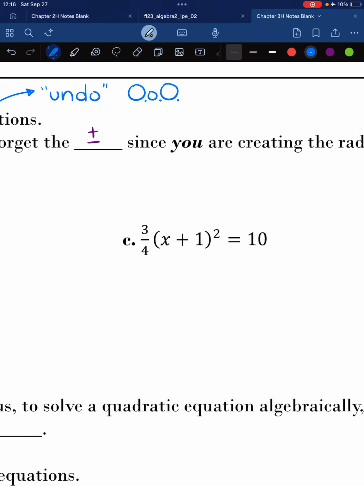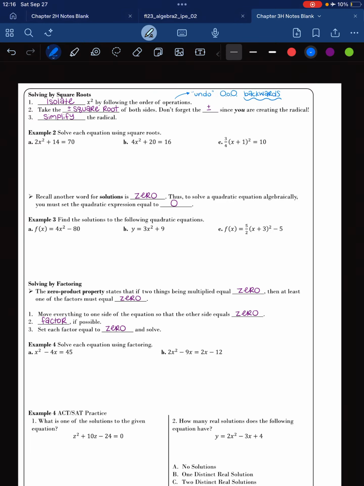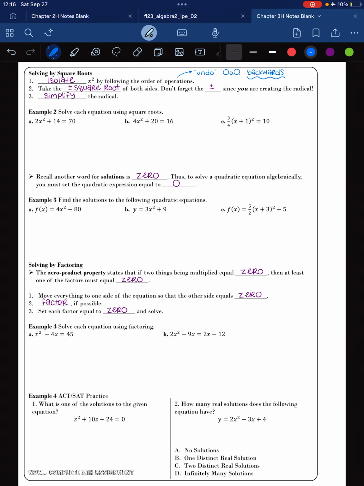That just stands for order of operations. I just don't want to waste your time writing it out. So undo order of operations backwards, which means I need to get rid of addition and subtraction first before I move any multiplication or division.